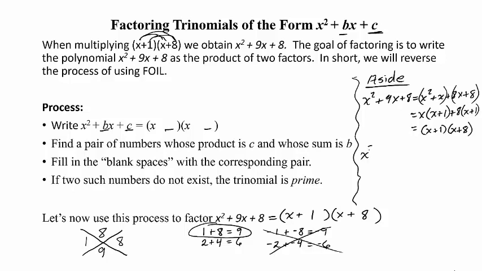Let's do that again. I just want to show you something because it's really cool. If I reverse the order on those middle terms, because I said it didn't matter whether you had x plus 8x or 8x plus x, let's do it the other way. So in this case, if we group the terms, in the first grouping, x squared plus 8x, I can pull out an x, right? And I'm left with x plus 8.